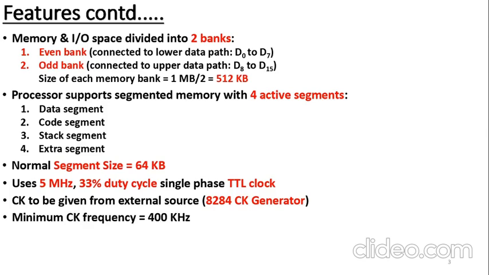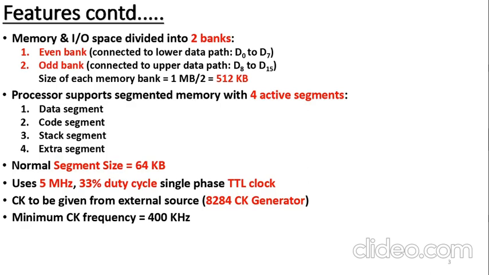Then the minimum clock frequency is equal to 400 kilohertz. Below that 400 kilohertz, the operation of the 8086 processor will be uncertain and ambiguous, and it is not recommended. It means that the clock connected to the 8086 processor should be in the range of 400 kilohertz and upward up to 5 megahertz.